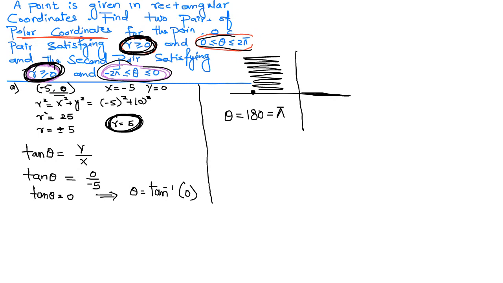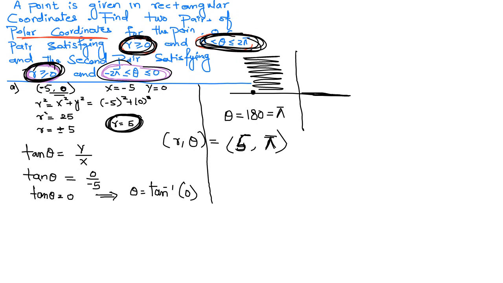Okay. So what is the first polar coordinate? The first polar pair is 5 and pi. Pi lies in between 0 and 2 pi, which satisfies this condition. Now talking about the second pair.